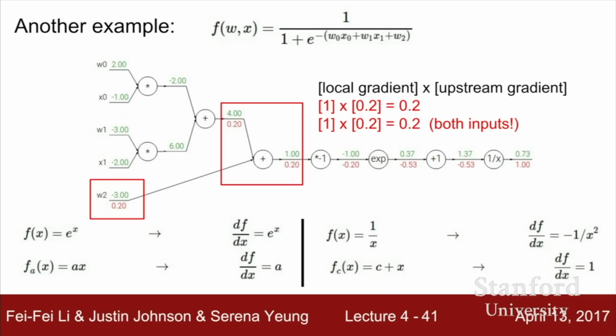So for our top stream, the local gradient is 1 times the upstream gradient of 0.2, which gives a total gradient of 0.2. For our bottom branch, we do the same thing: the upstream gradient is 0.2, the local gradient is 1 again, and the total gradient is 0.2. Is everything clear about this?